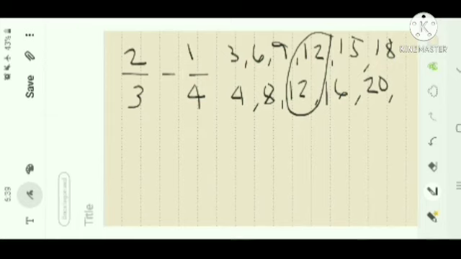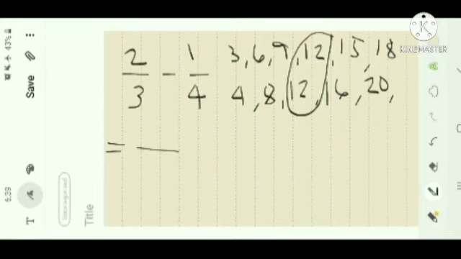Okay, so our next step is to replace all denominators as 12. So our first fraction, yung denominator niya magiging 12 minus the second fraction, yung denominator niya din magiging 12.